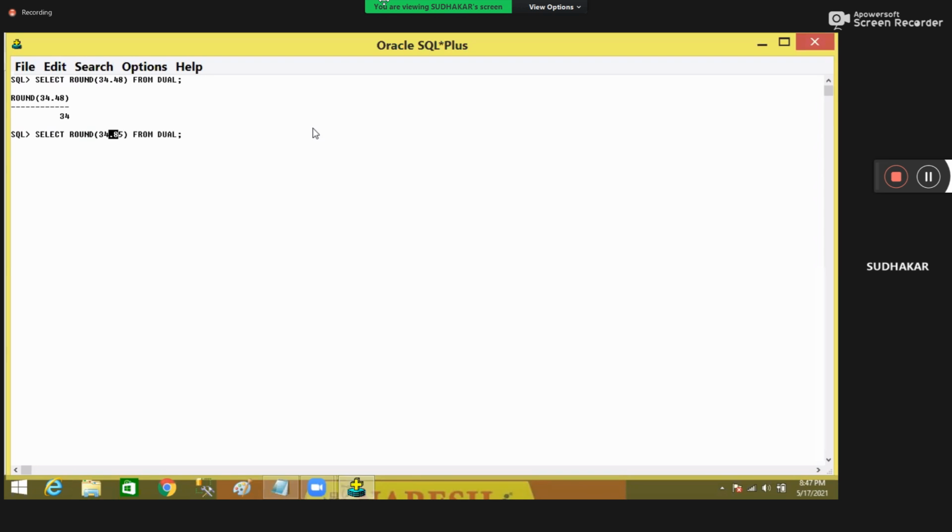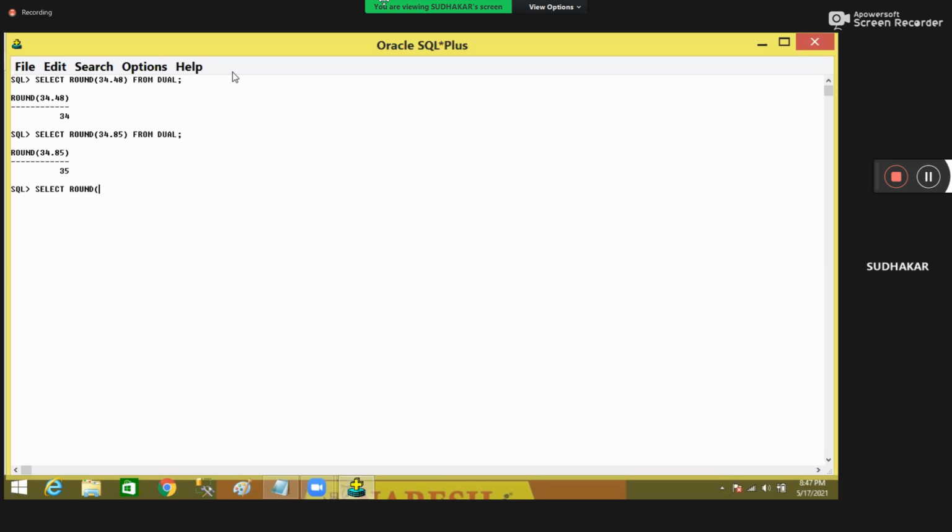So I add 1 to 34, so 34 plus 1 is equal to 35. So 0.5 less than, add 0; 0.5 greater than, add 1. That is called the nearest value.